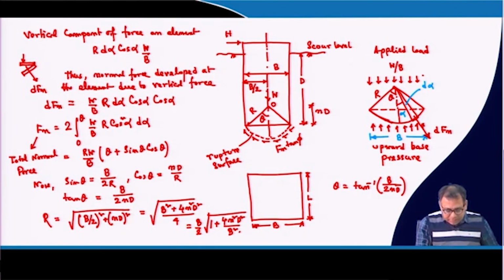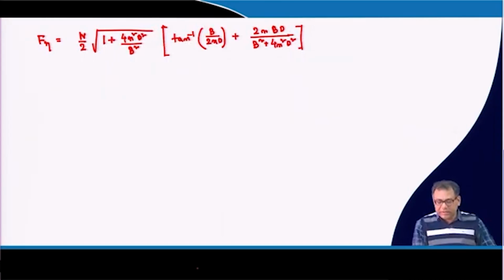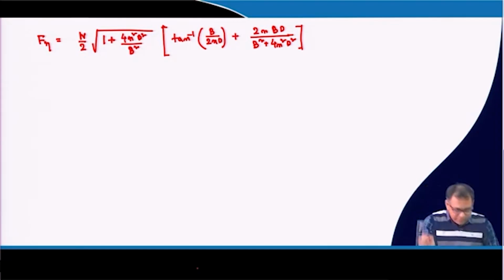Okay, so this is the expression. So this B will cancel out, in the R term there is a B. So this will be simple W by 2 and this term. Then if I put theta, cos theta and sin theta, I will get this equation. So this is the Fn.